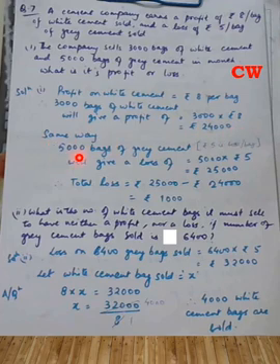Same way 5,000 bags of grey cement will give a loss of 5,000 into rupees 5, that is 25,000, because the loss on one bag was rupees 5. Now you can see the loss here is more than the profit. That's why the total loss will be 25,000 minus 24,000, that is 1,000 rupees loss is suffered.